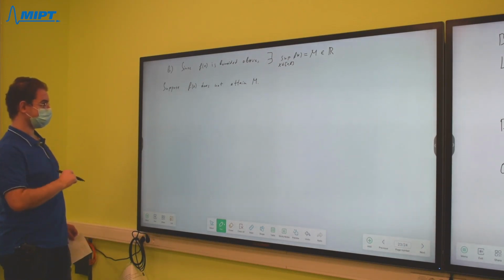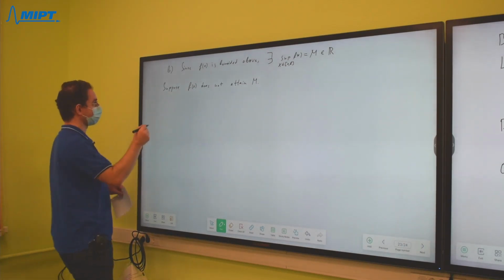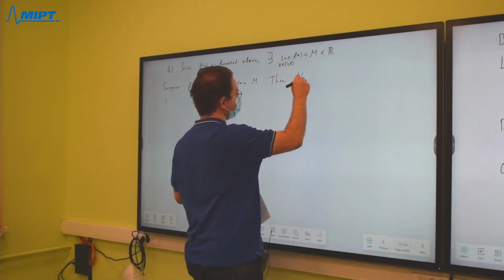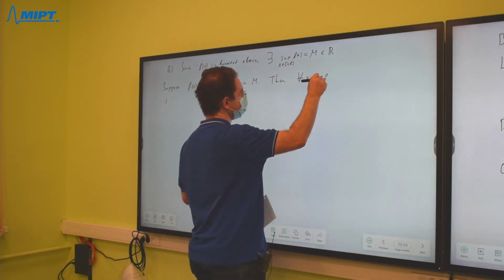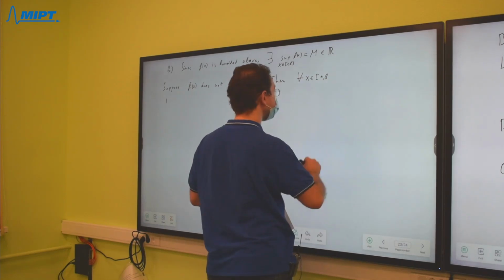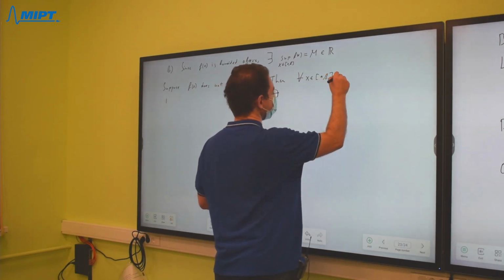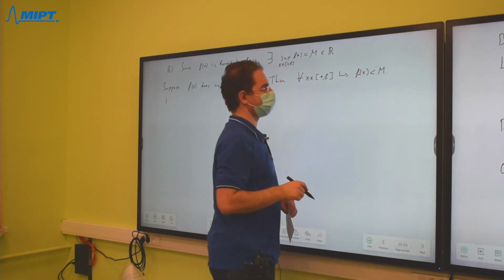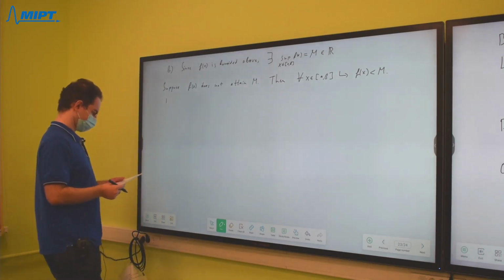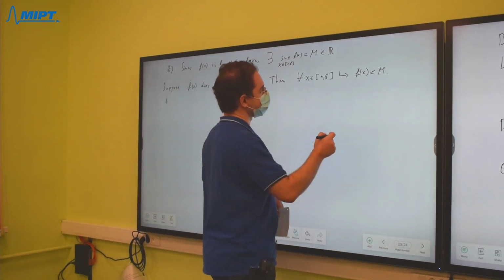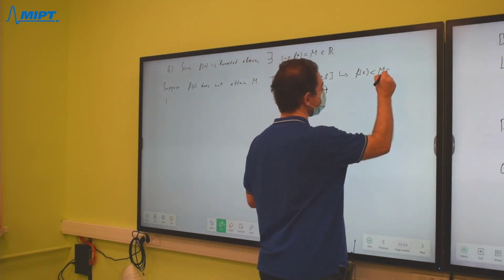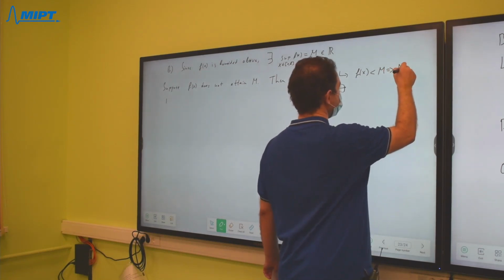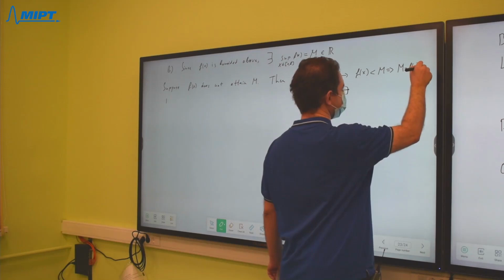So suppose it doesn't attain M. Then for any x from [a, b], f of x is strictly less than capital M. Maybe this is the case. Which is exactly the same as to say that M minus f of x is positive.